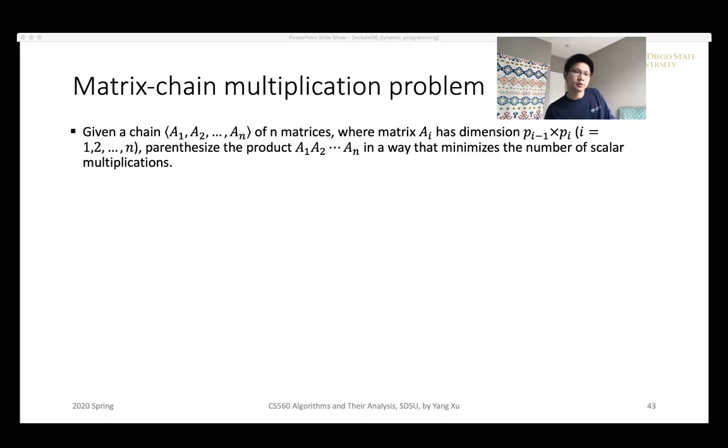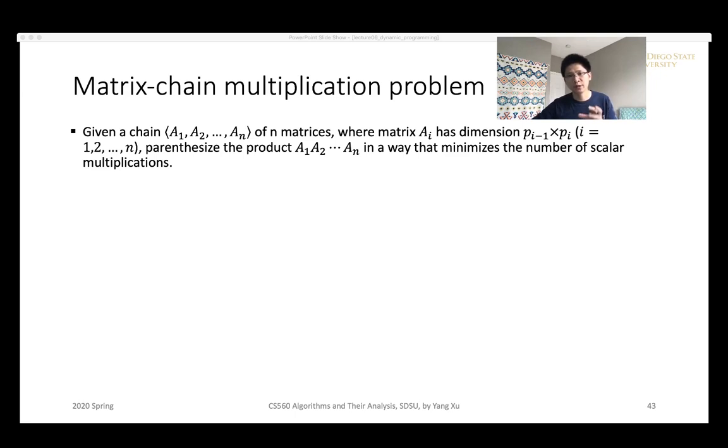So now let's define this matrix chain problem more generally. Let's assume that the chain we have has n matrices from A1 to AN, and we also know the dimension for each matrix in it.